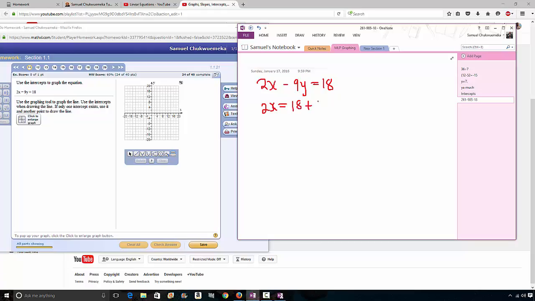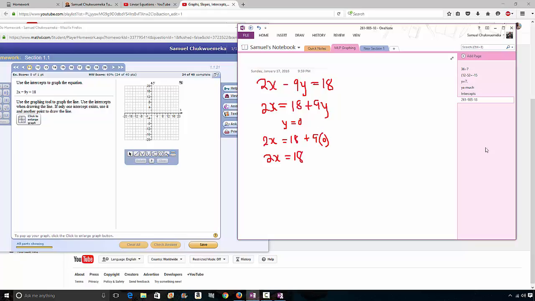To find the x-intercept, set y to be 0. Remember, set y to be 0. So 2x will be 18 plus 9 times 0. 2x will be 18.